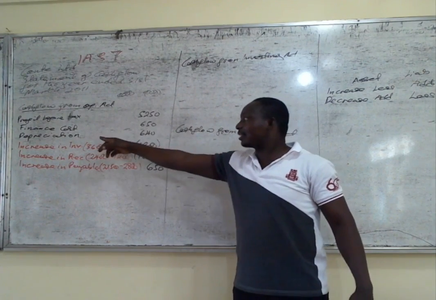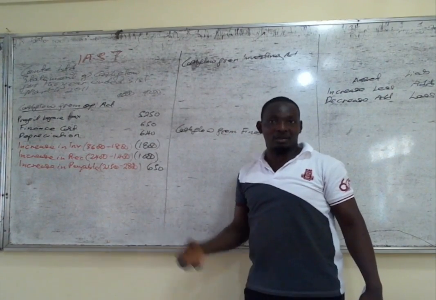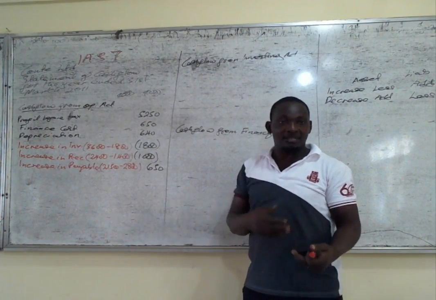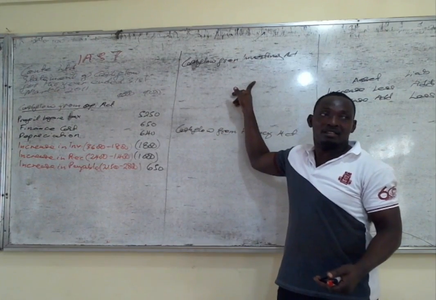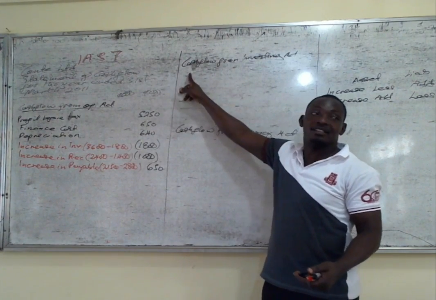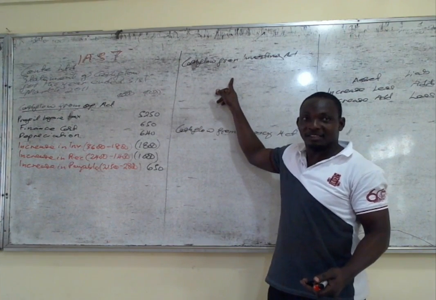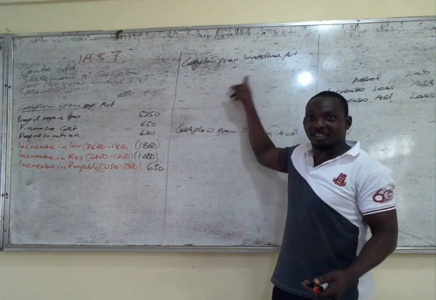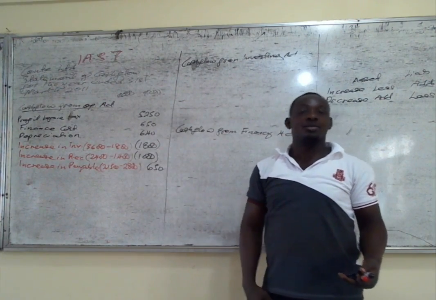So I write income from investment and bracket it. That means I will take it. When I see that there is no additional information on it, I will bring it here straight. Or I can write the heading, income from investment, so that I will wait. If there is no additional information, I will put the same figure which I subtracted there. So you have to be fast.